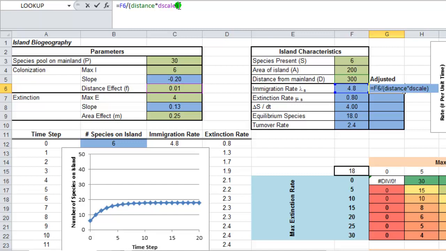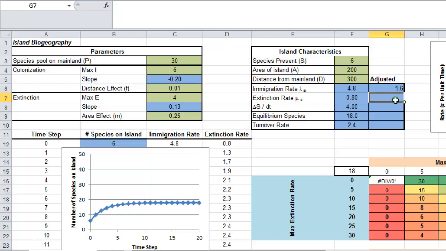So it's just a scaling effect on distance, so it's just a constant, and so now we can see that for this entry and given our distance, now our adjusted lambda for immigration is now down to 1.6 species per time step. Make sense?